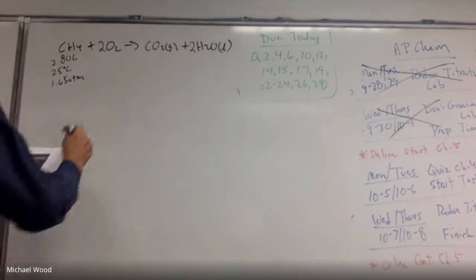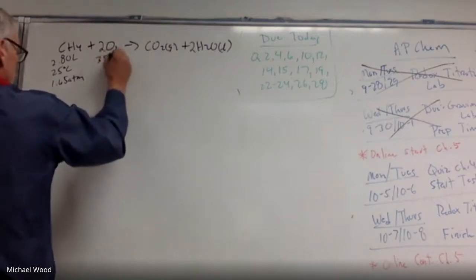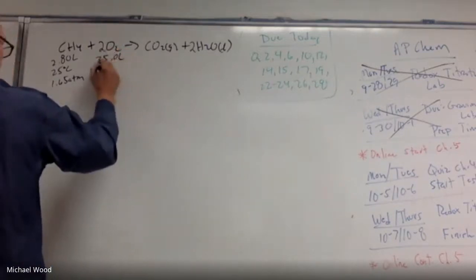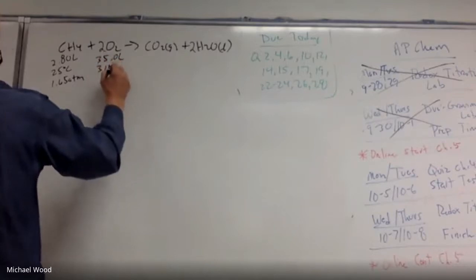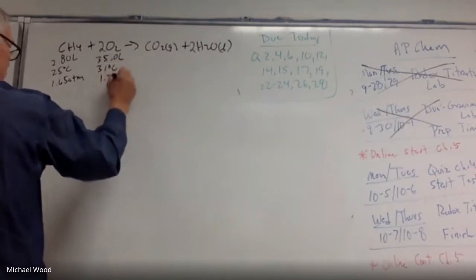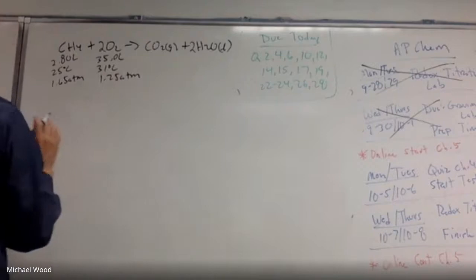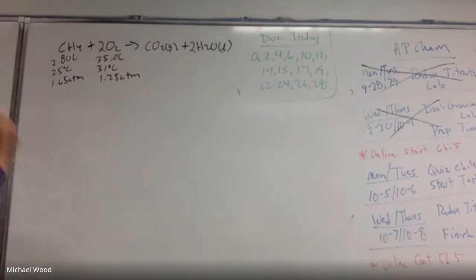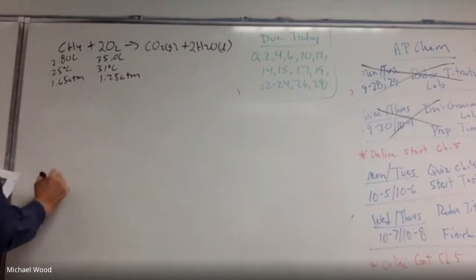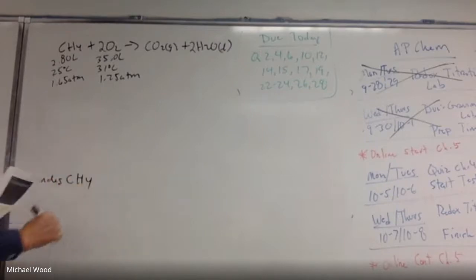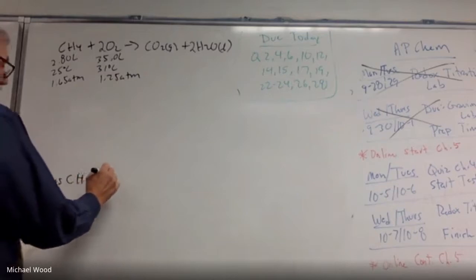And then what it says about O2 is we have 35 liters, 31 degrees Celsius, and 1.25 ATMs. So I can go back and use PIV-NERT to solve for the moles of CH4.